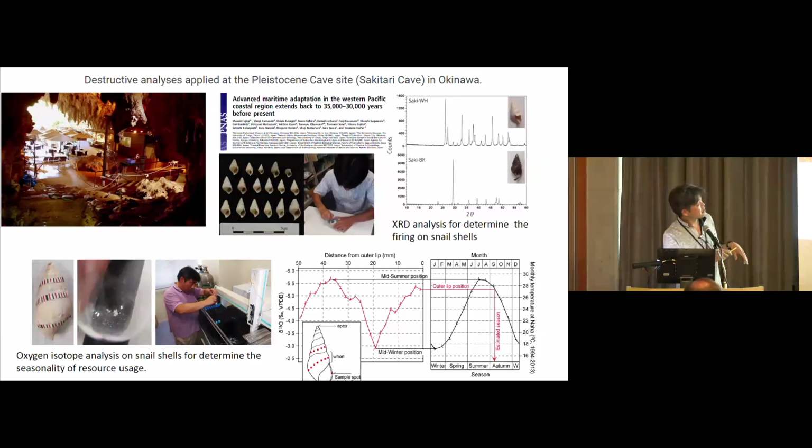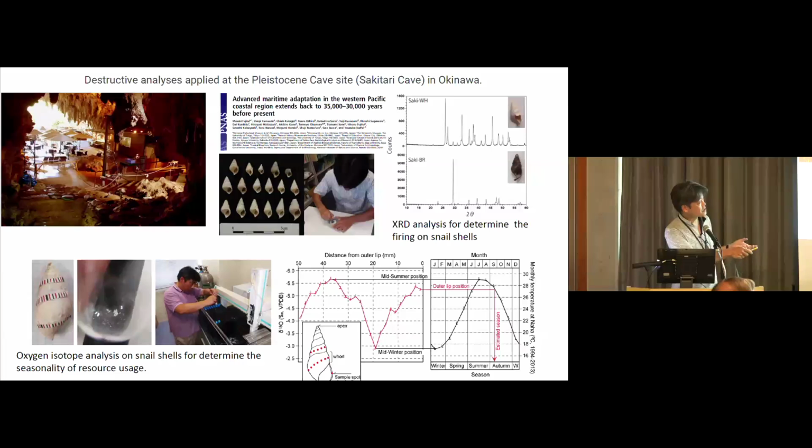The XRD analysis is used for determining the firing, the cooking by prehistoric humans. We have white colored specimens and dark colored specimens, and the shells consist basically of aragonite, but after firing, it changes to calcite.